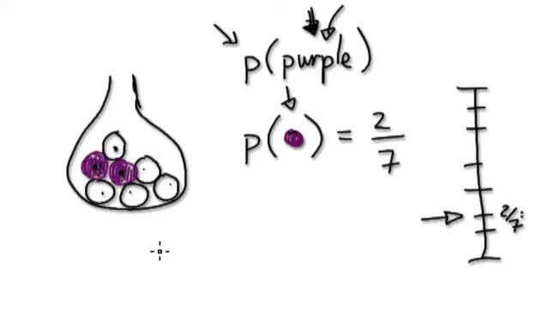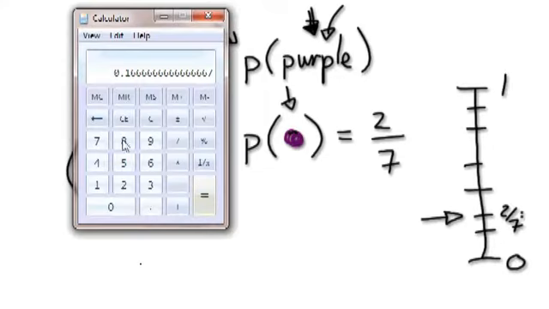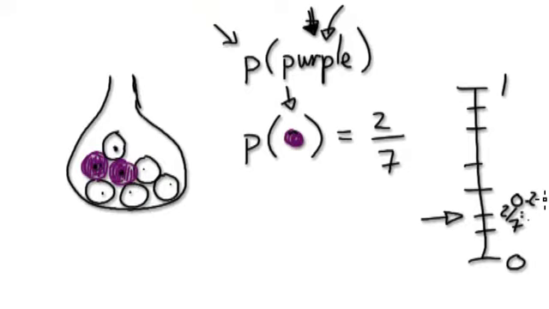And normally when we're talking about probabilities between 0 and 1, so we could convert it to a decimal here. So 2 divided by 7 equals 0.29.